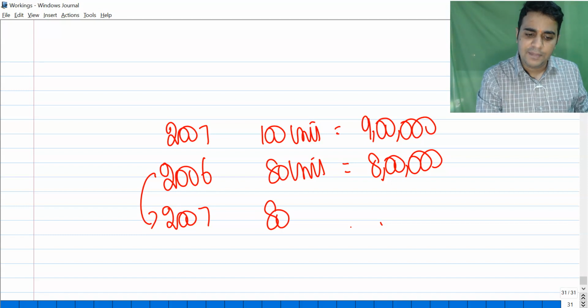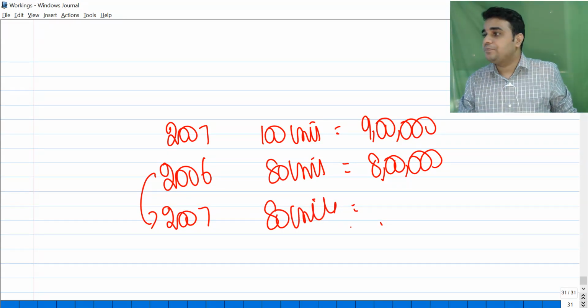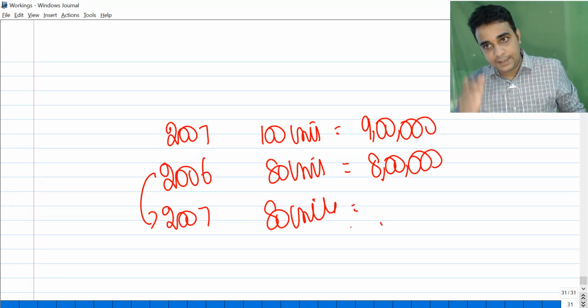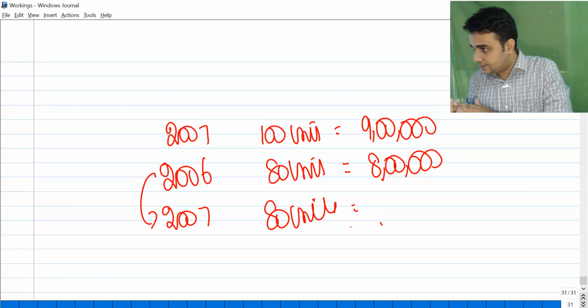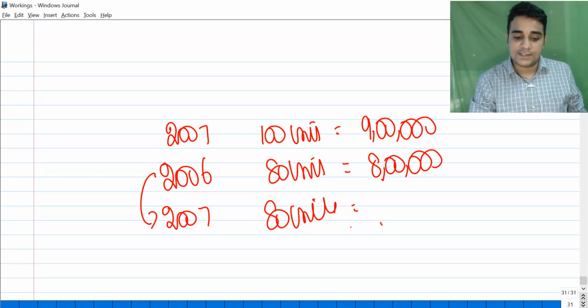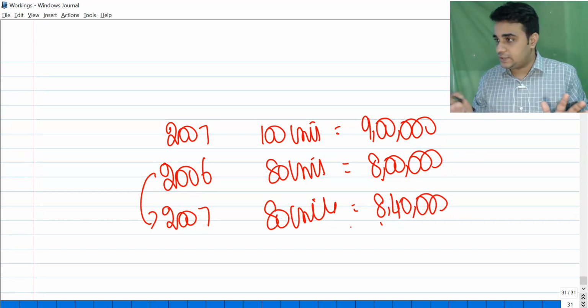If the same 80 had continued in 2007, logically you should have the same 8 lakh, because you will not incur any extra fixed overhead, no extra variable overhead, because volume has not gone up. But there is inflation of how much? 5%. So this 8 lakh would have become 8 lakh 40. I am not giving effect to the units change now.